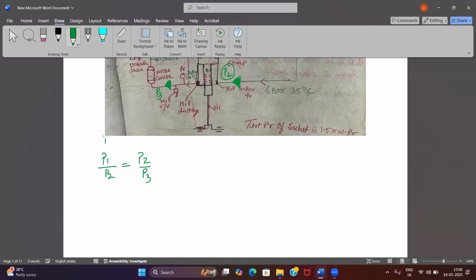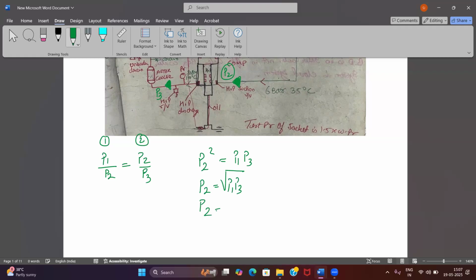This is first stage inlet and outlet, second stage inlet and outlet. Do you agree? So P2 squared equals P1 times P3, and P2 equals the square root of P1 P3.